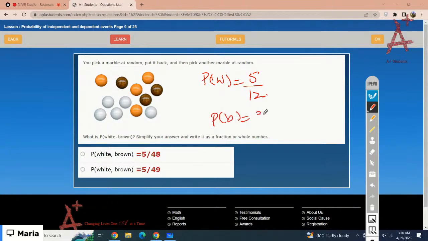Probability of brown, just 3 of them are brown, so it would be 3 by 12. So the probability of white and brown is 5 by 12 times 3 by 12. So 3 times 4 is 12, so it would be 5 over 12 times 4, which is 48. So the correct option is 5 over 48. Got it?